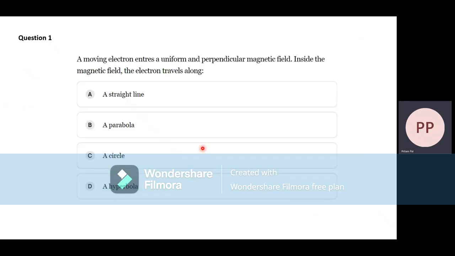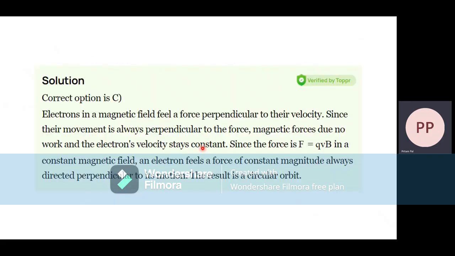So option C is correct over here, circle, because to solve this question you simply need to apply the Lorentz force, and you know how the Lorentz force is related to the velocity of the charged particle and the applied magnetic field. It's just q times v cross B, right? So the electron in a magnetic field feels a force perpendicular to its velocity.